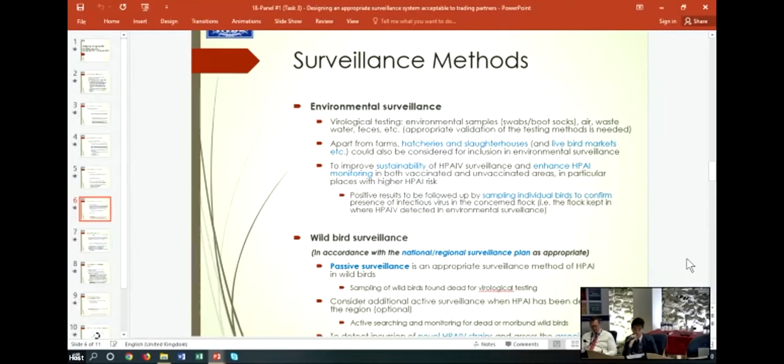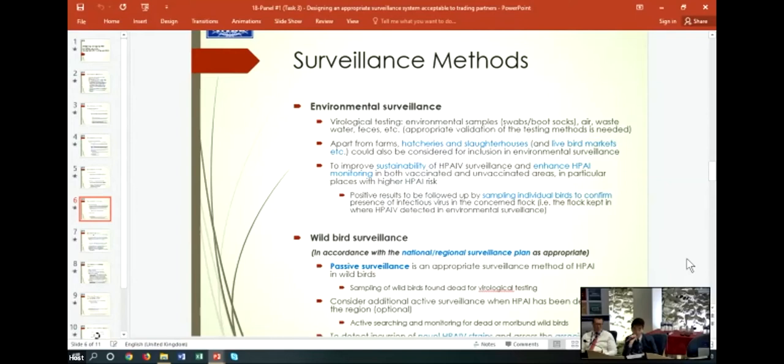And other than the surveillance carried out in poultry, given that wild birds are a major risk factor for HPAI transmission, wild bird surveillance should also be in place, which should be conducted in accordance with the national or regional surveillance plan as appropriate as well.